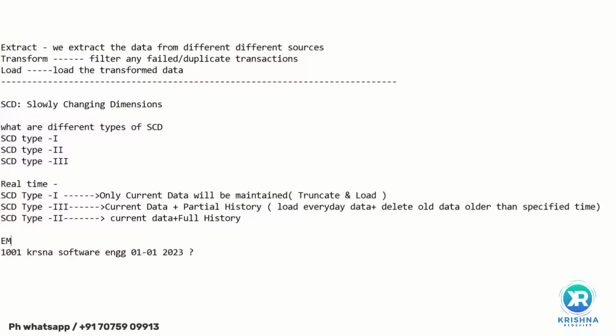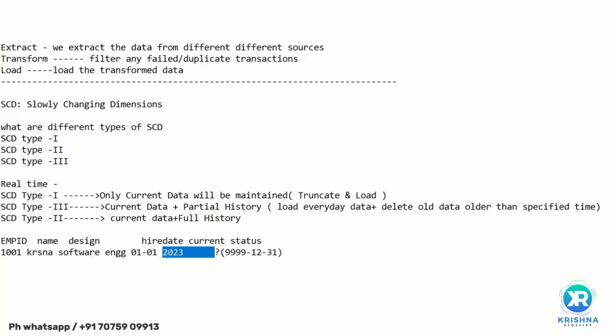This is employee ID, this is name, this is designation, this is hire date, and this is the active or current status. Current status null means he is still active. Some people will maintain null, or some people will maintain 9999/12/31.